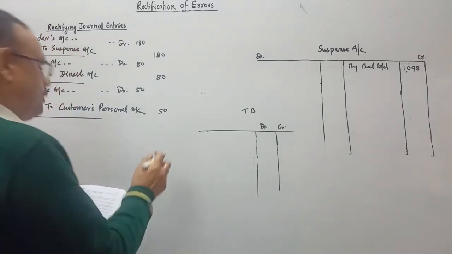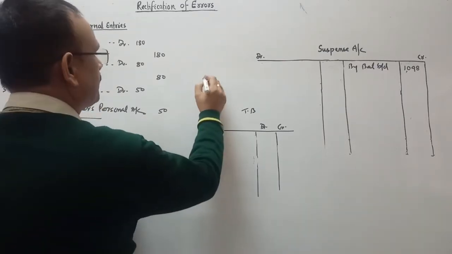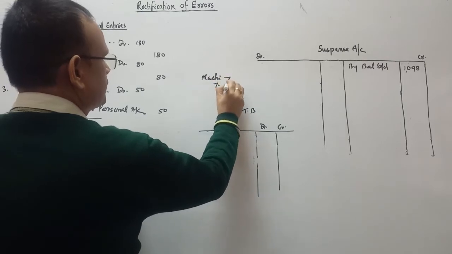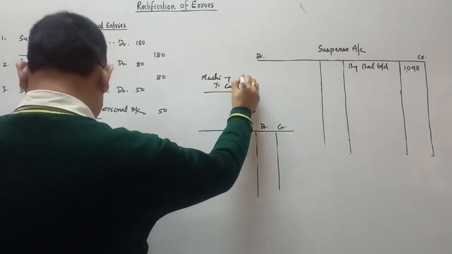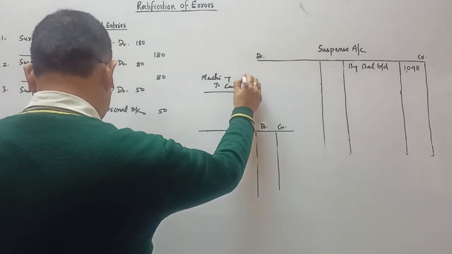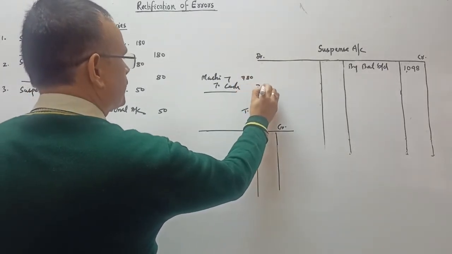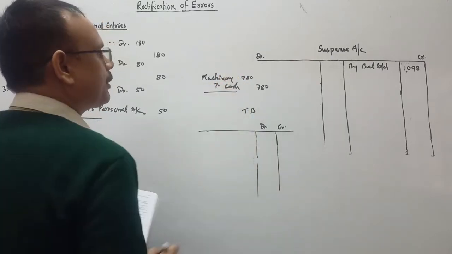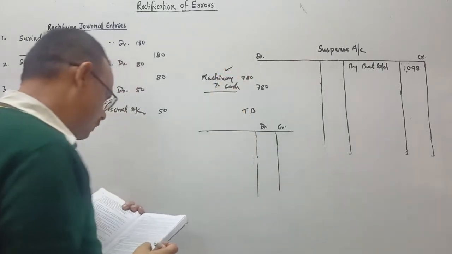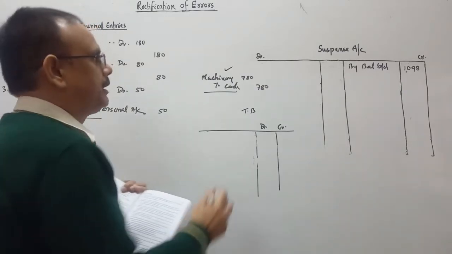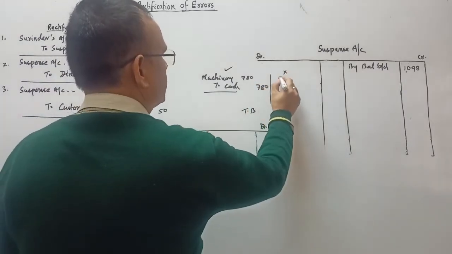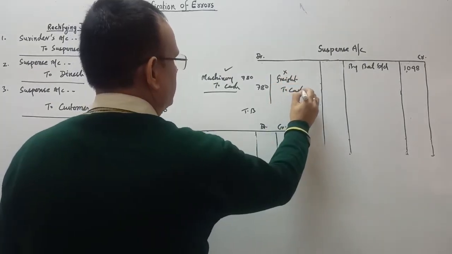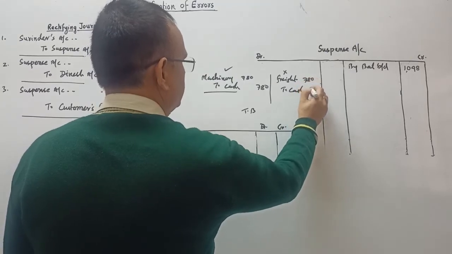When we pay the freight on machinery, the entry will be machinery account debit to cash account, amount 780. This is the right entry. But your accountant has debited the freight account instead; he has done freight account debit to cash account 780.